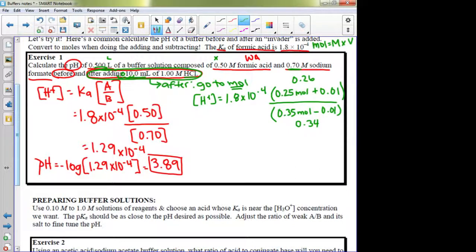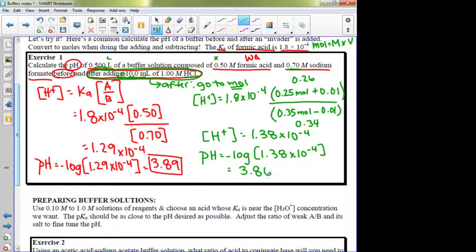Can I find the concentration of hydrogen now? Yes, I can. I got 1.38 times 10 to the negative 4th. So then my pH is equal to the opposite log of 1.38 times 10 to the negative 4th. So therefore my pH is equal to 3.86.